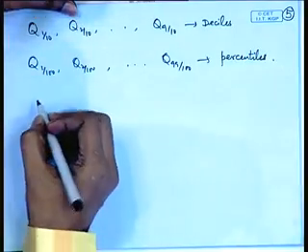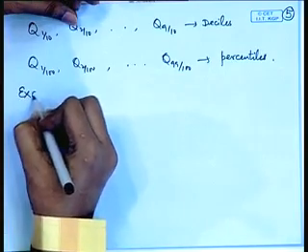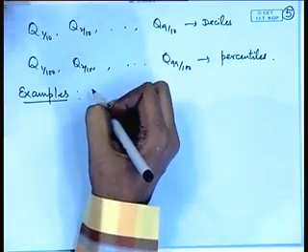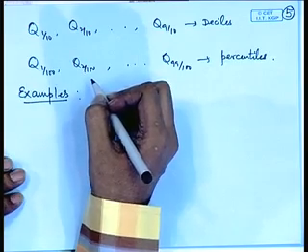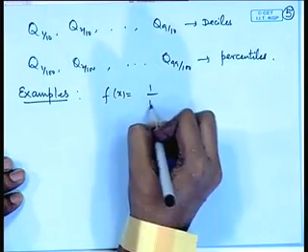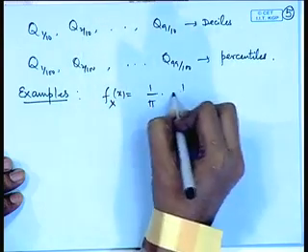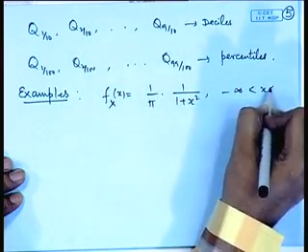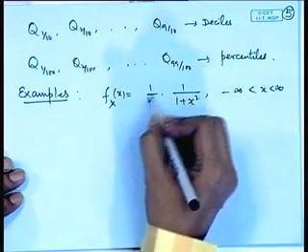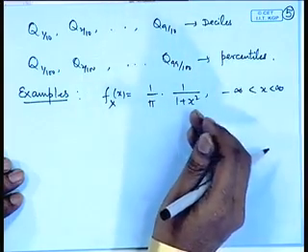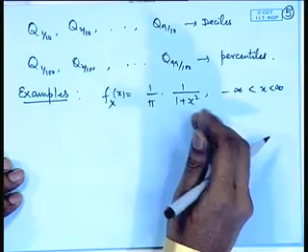Let us explain through certain examples. Let us consider f(x) is equal to 1 by pi, 1 by 1 plus x square, minus infinity less than x less than infinity. We have seen that for this distribution the mean does not exist, therefore, there is no question of higher order moments also existing.